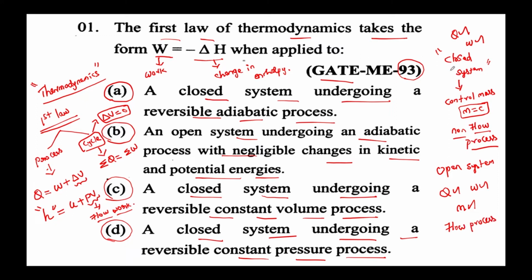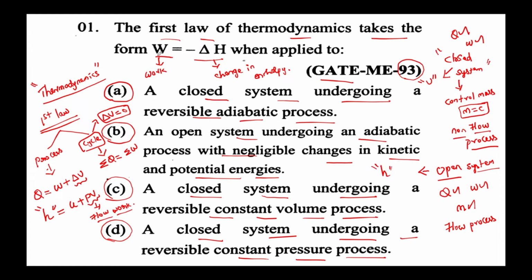So I can say that a closed system is associated with internal energy, whereas an open system is associated with more than internal energy, and that is why we coined the term enthalpy, because flow work also gets added to this.